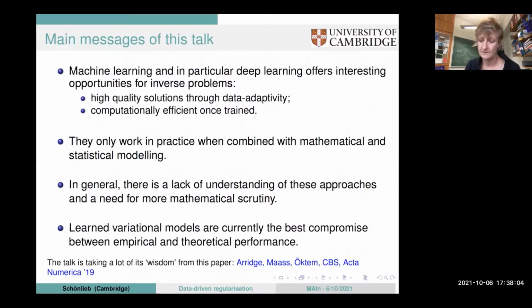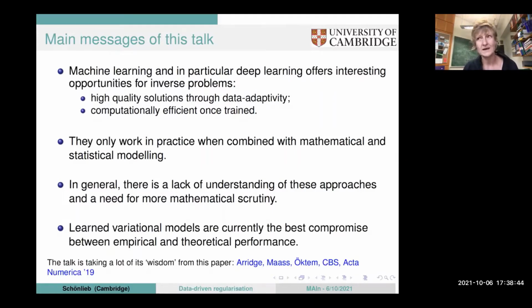First of all, making something like the regularization, something like characterizing solutions to inverse problems via learning from the data, learning models for, let's say, images from the data, really turns out to be a very powerful tool for deriving high quality solutions of inverse problems. I'll make this a bit more precise, what I mean with high quality, as we go on.